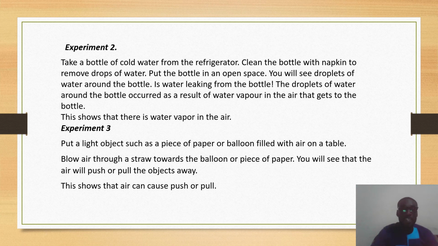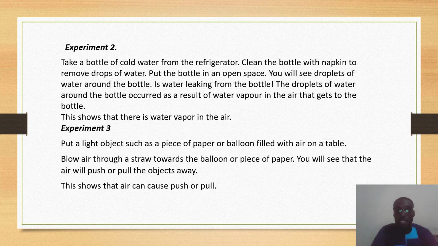And then let's take a look at another experiment. Take a bottle of cold water from the refrigerator. Clean the bottle with a napkin to remove drops of water or droplets. And then you are going to put the bottle in an open space.